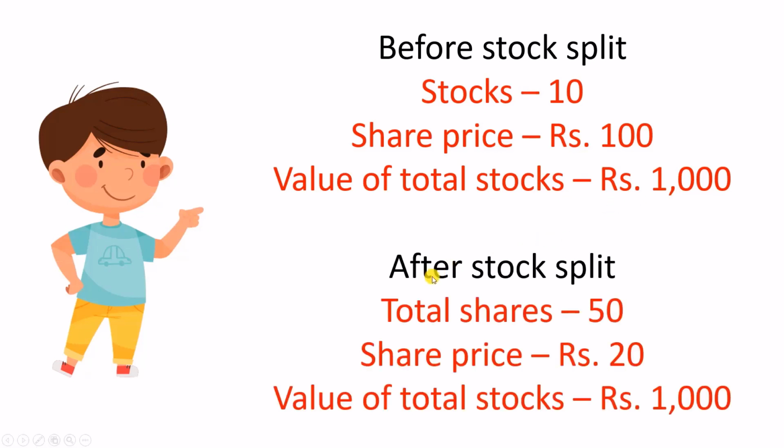After the announcement of the stock split, you had 50 shares or stocks, and each was worth 20 rupees, and the value of total stocks remained the same. Why? Because 50 into 20 is 1000. Here also it is 1000, here also it is 1000.